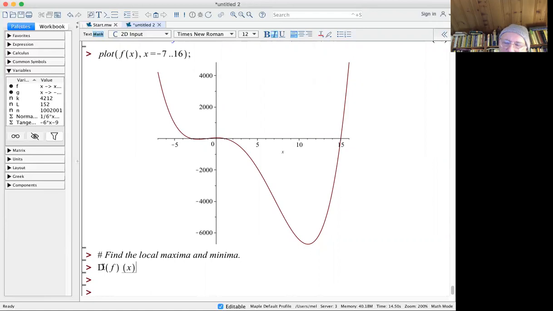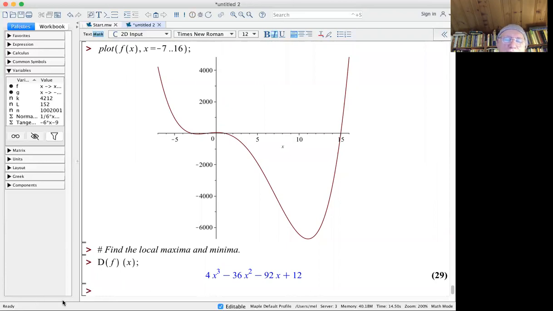Minimum and maximum equals 0. Oops, no. What is the derivative? That's the derivative. So to find where you have a local max or minimum, let's solve the equation derivative of f of x equals 0. Solve for x.